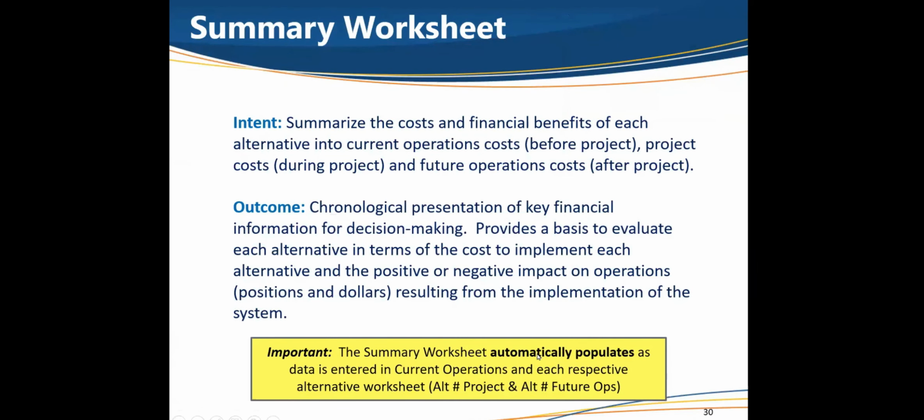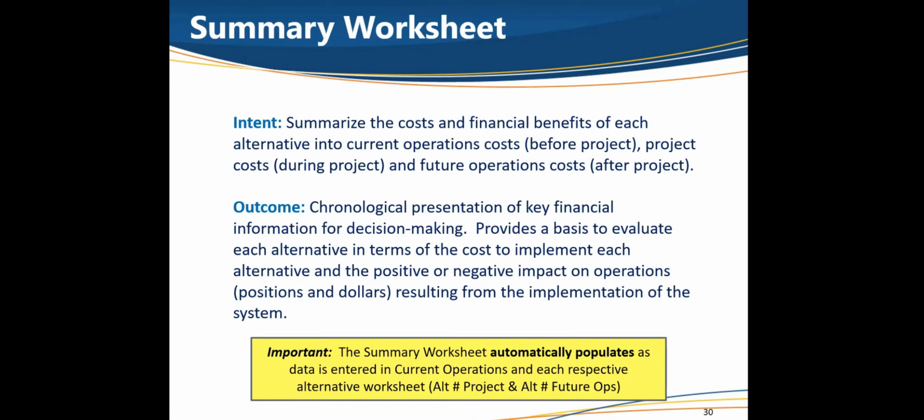So we went over the summary worksheet, which automatically populates all the data that is entered in the current ops and each respective alternative, which is 1, 2, or 3. The outcome of that summary sheet is that it provides a view of what it looks like fiscal year by fiscal year, versus the executive summary, which just shows the overall cost.